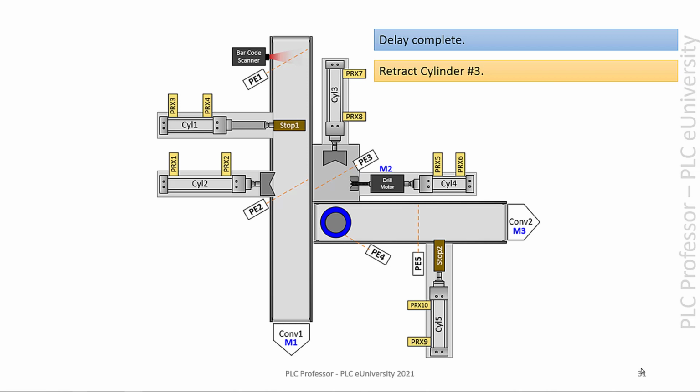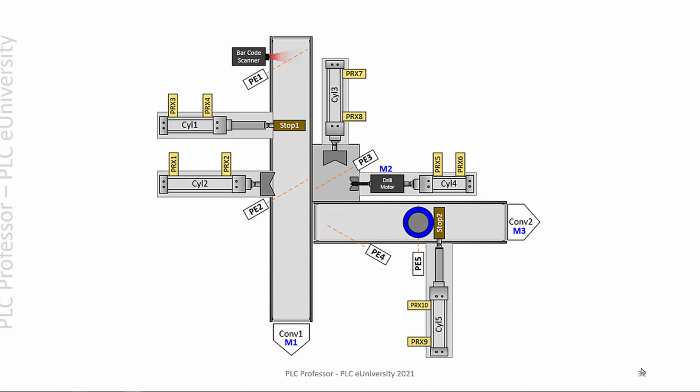But it's downstream for parts. If they don't want the part, then we're most likely going to bring out stop 2, and then when the part hits PE5, we're going to turn off the belt, turn off the conveyor, because we don't want the conveyor rubbing the bottom of the part and scuffing it. So there it sits, one part finished and ready to go.